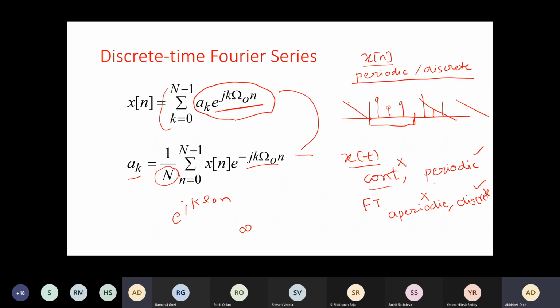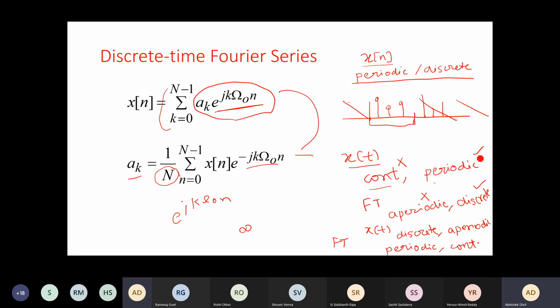Similarly, which case is remaining? Discrete and aperiodic. Its Fourier transform, if you see, is periodic and continuous.